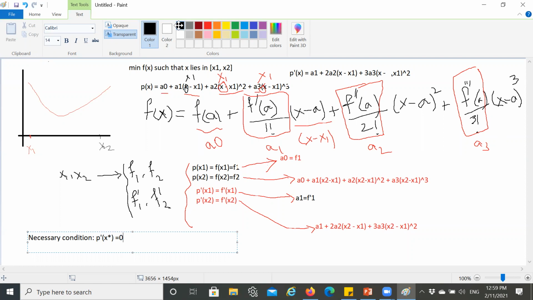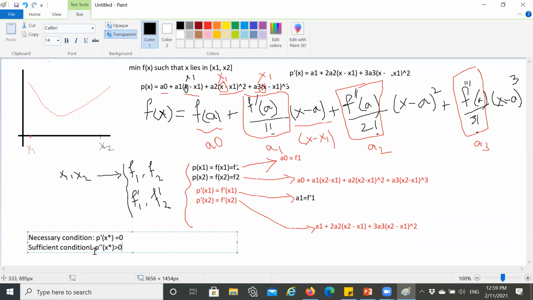Yes. Okay, this is a necessary condition, and we have the sufficient condition. The sufficient condition was that the second derivative of P at this point X star should be greater than 0 for it to be a minimum, okay? So we are assuming it's a minimum. So we have these 2 conditions.